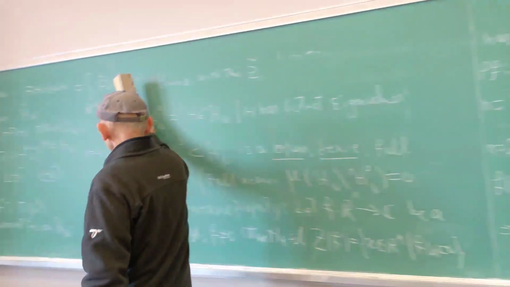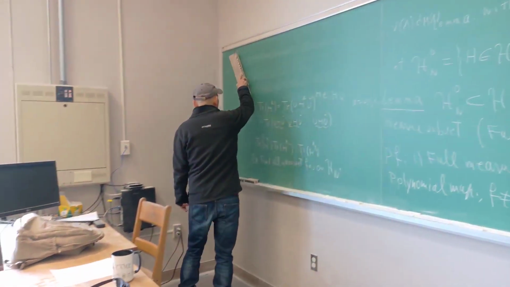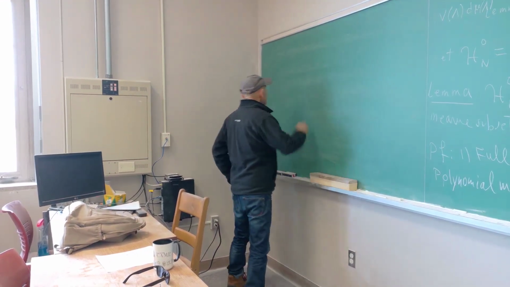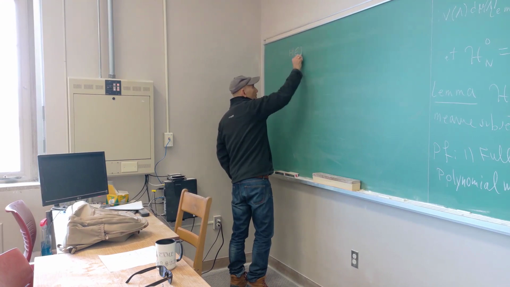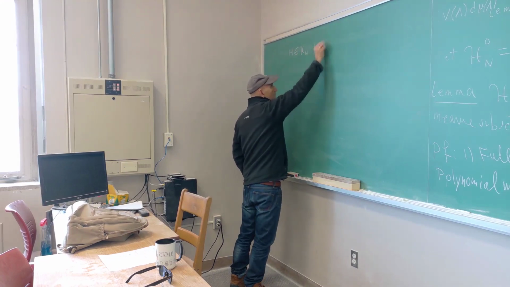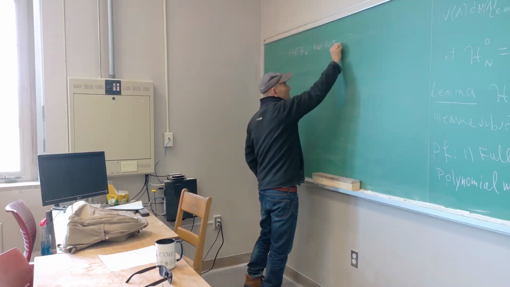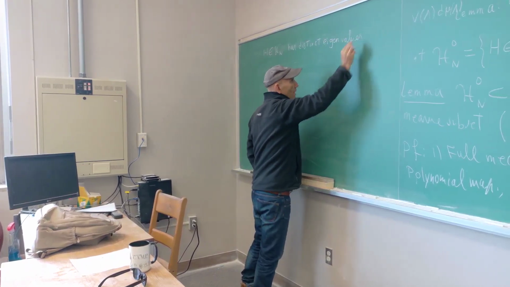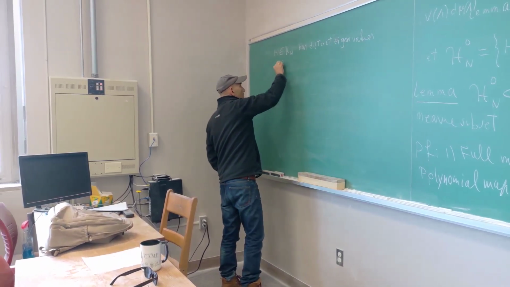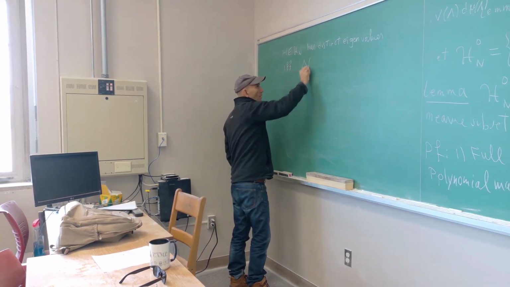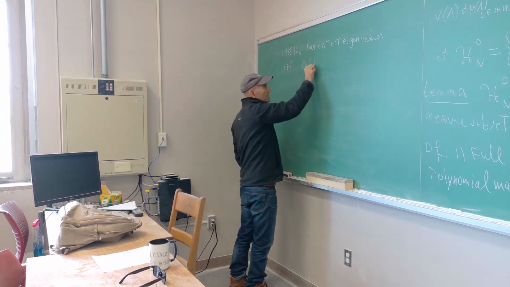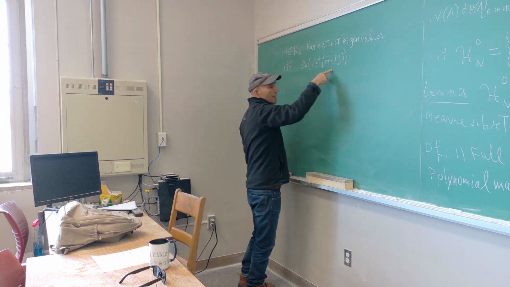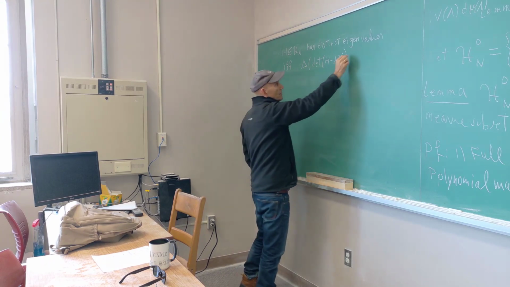So let me write it here then. H belonging to Hn has distinct eigenvalues if and only if the discriminant of the characteristic polynomial of H, which is the determinant of H minus lambda I, is different from 0.